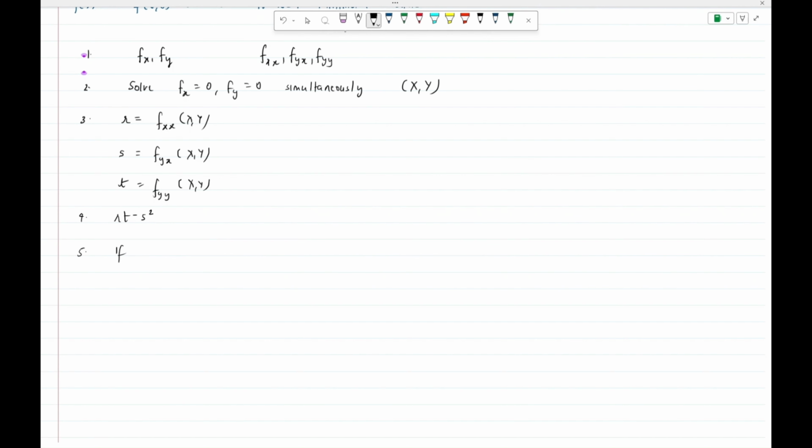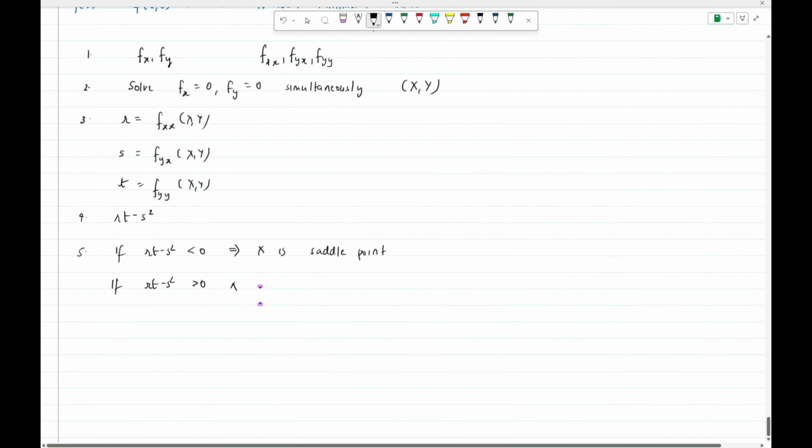If rt minus s square is negative, then point x is a saddle point. If rt minus s square is positive, then we need to look at the value of r.